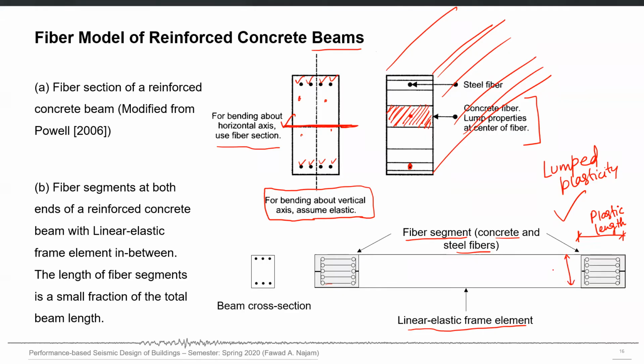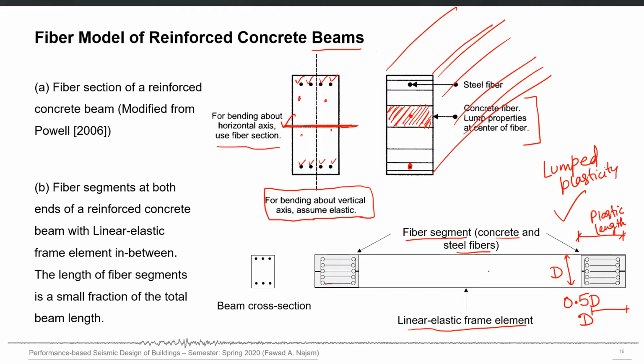So if this is the effective depth of the beam, some guidelines say that you should use 0.5 times the effective depth, and some also use the length equal to the effective depth of the cross section. So you have to provide this segment length also if you want to go for the lumped plasticity approach.